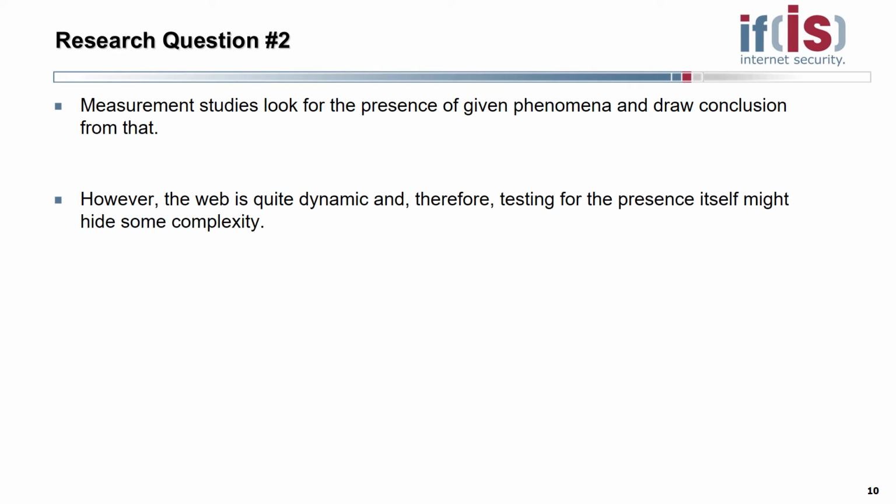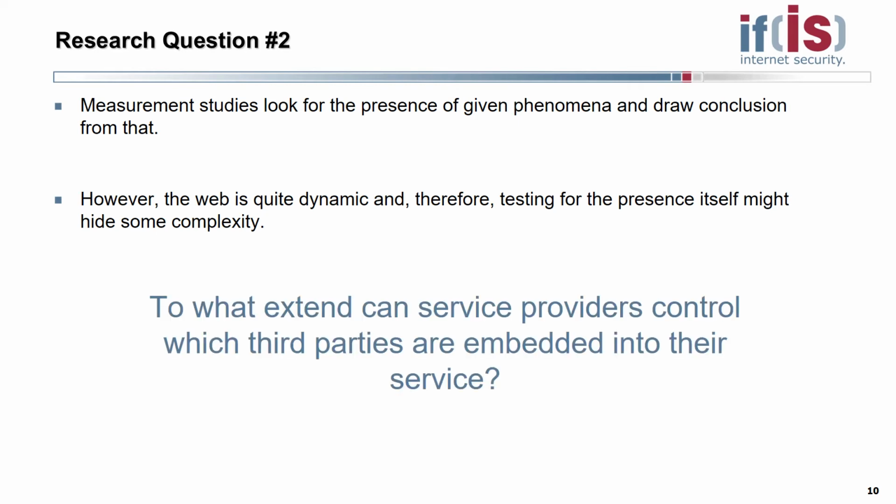Not all of the embedded third parties will use the same partners and the same technologies, and therefore, if we visit a website once and take a look at the outcome of the visit, it might hide the complexity if other third parties would win the ad auction. This example highlights that when the service provider delivers the website to the client, the service provider does not know upfront which third parties will be embedded into the website.